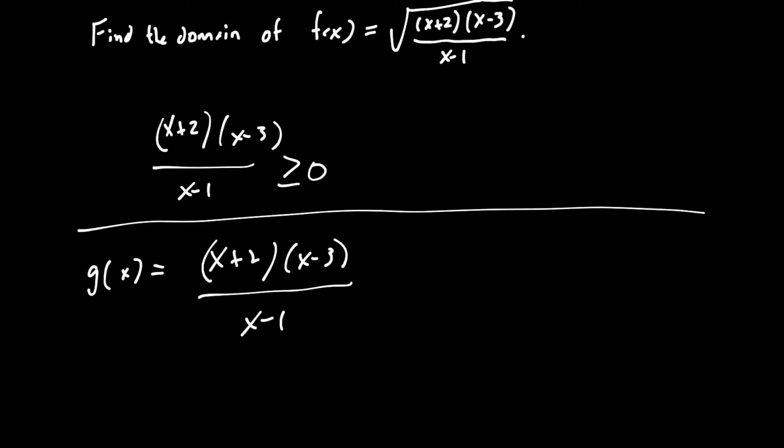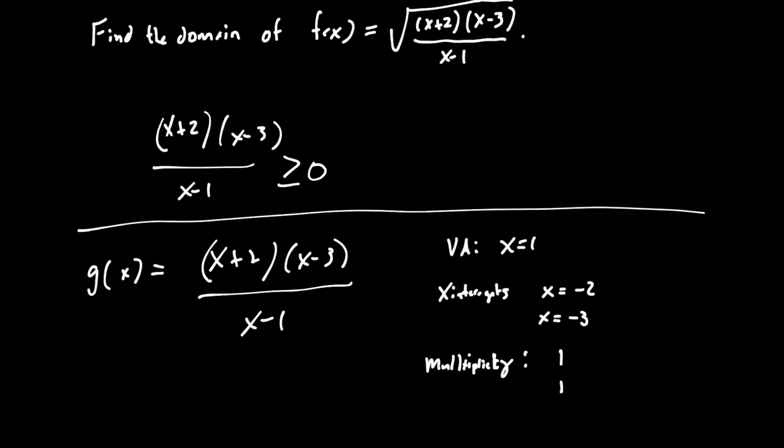So we'll have a vertical asymptote at x is equal to 1, and we'll have x-intercepts at x is equal to negative 2 and x is equal to 3. And furthermore, because the multiplicity of each of these x-intercepts is 1, at these 2 points our graph is going to cross. So we can go ahead and sketch a picture of our graph.